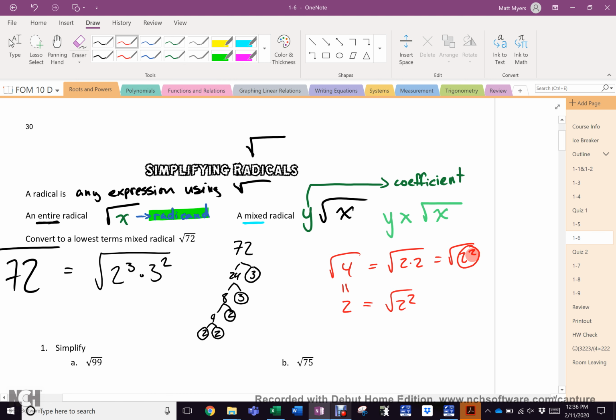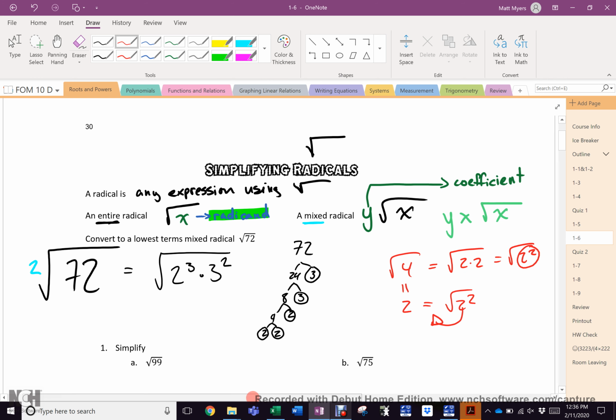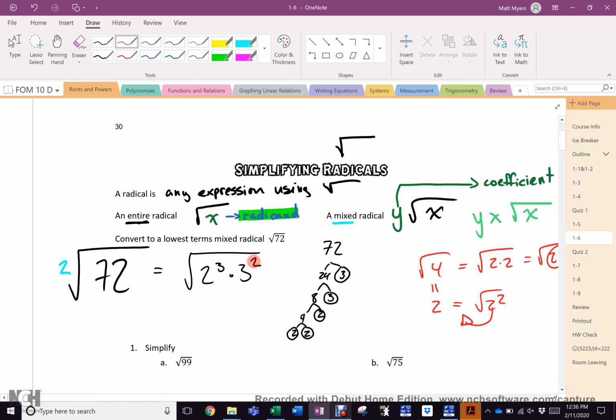So you see 2 squared, and what came out from under the radical sign? A 2, yes? Everybody sees that, right? Okay. Well, over here you see a 3 squared, don't you? So what is coming out? A 3. Why?